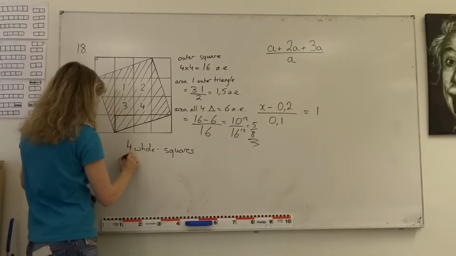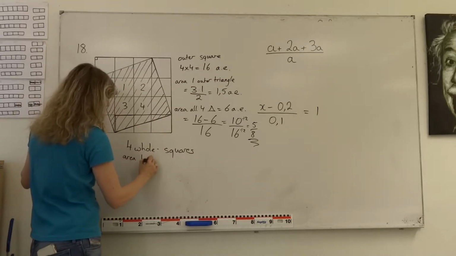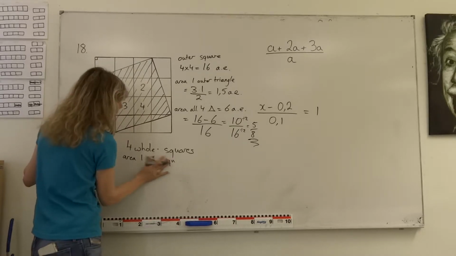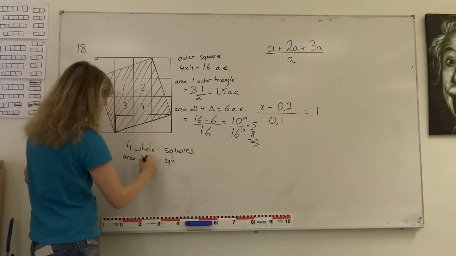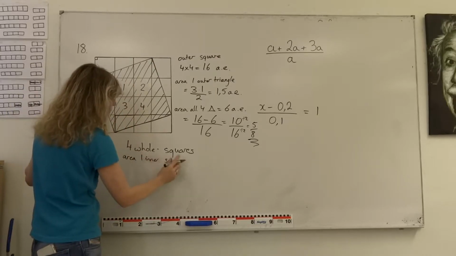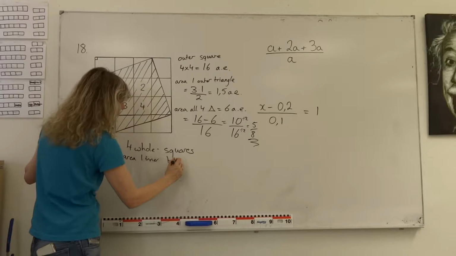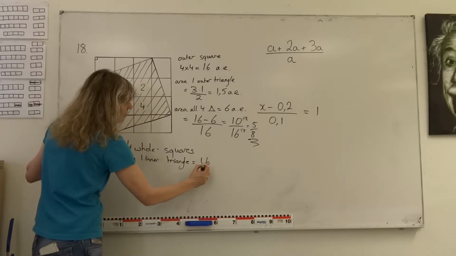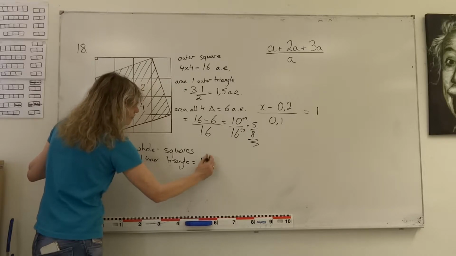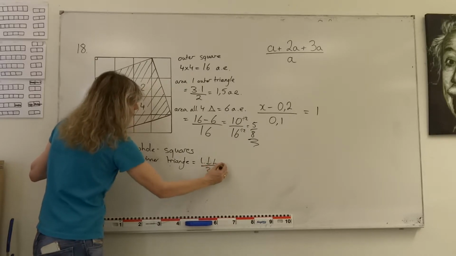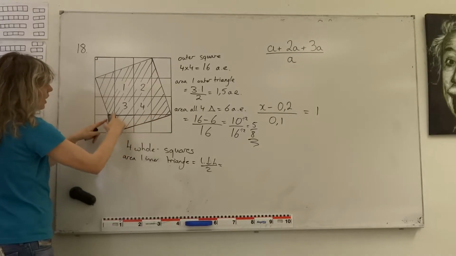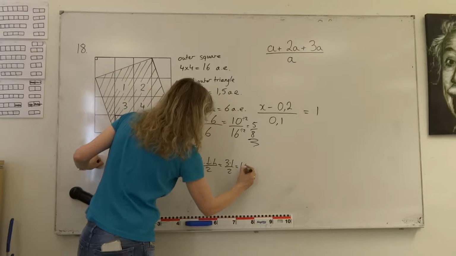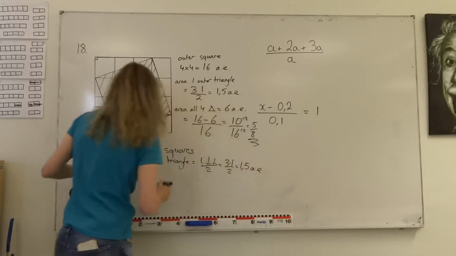We'll call them the inner triangles because these ones are inside the other ones. The area of an inner triangle is the same, the length times the perpendicular height divided by 2, which would be 3 times 1 divided by 2. So again, it's 1.5 unit areas.